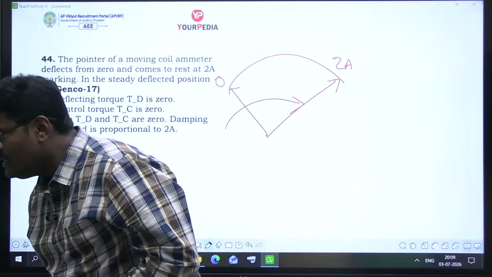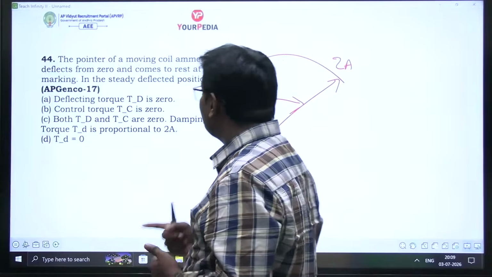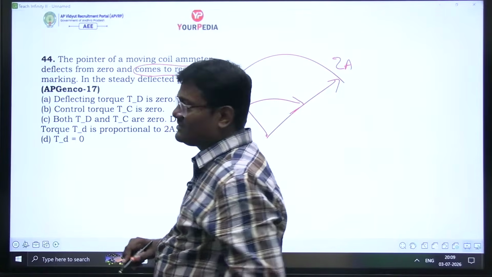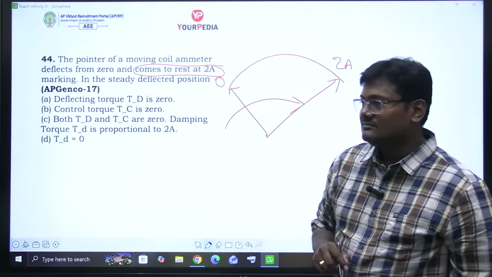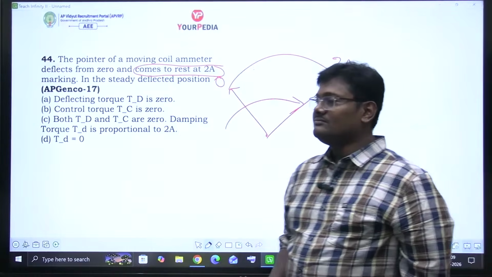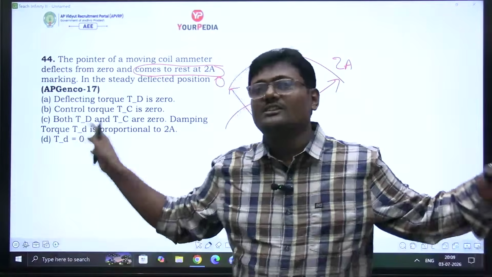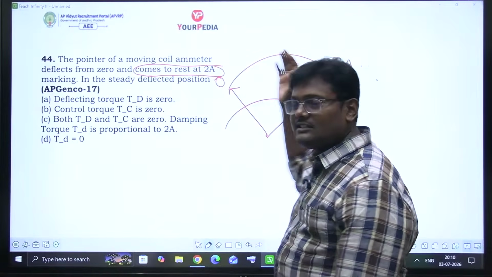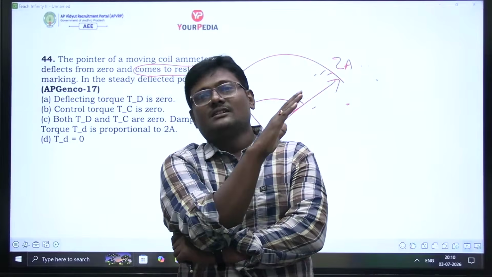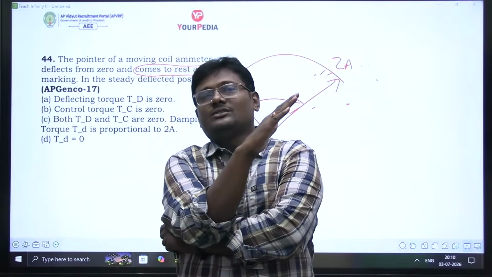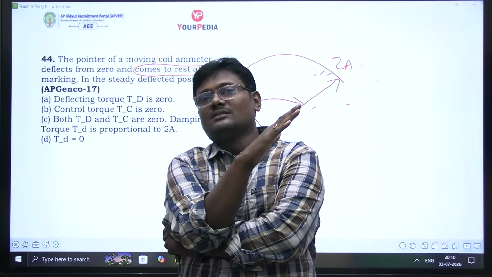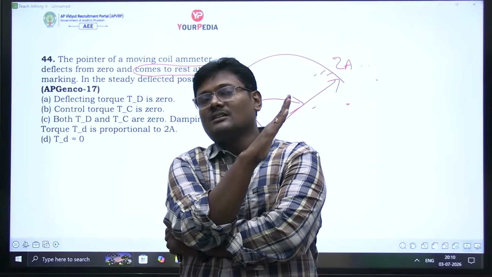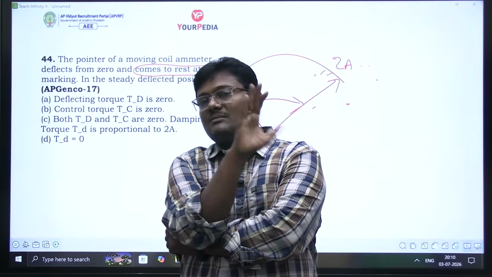TD is equal to TC in steady state. But what he is saying is it comes to rest at 2 amperes, and it stays at 2 amperes only. The maximum point is 2 amperes. If a damping torque is not there, it will oscillate, but he is not talking about the damping torque here.